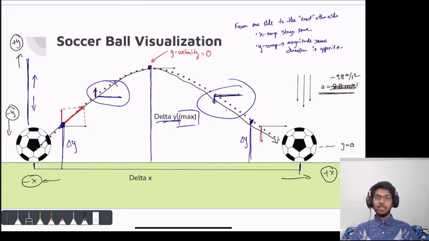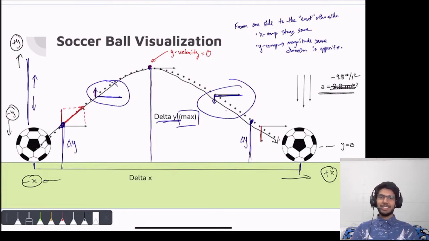Also, throughout the entire journey, the x component of velocity is the same at any point. The y component of velocity changes, and across the line of symmetry, the magnitude of the y component of velocity is the same, but the direction is opposite. Also, the only acceleration we experience is the acceleration due to gravity, which is 9.8 meters per second squared downwards.